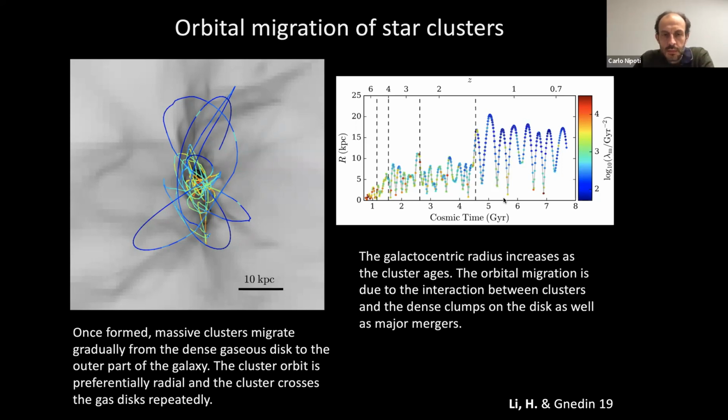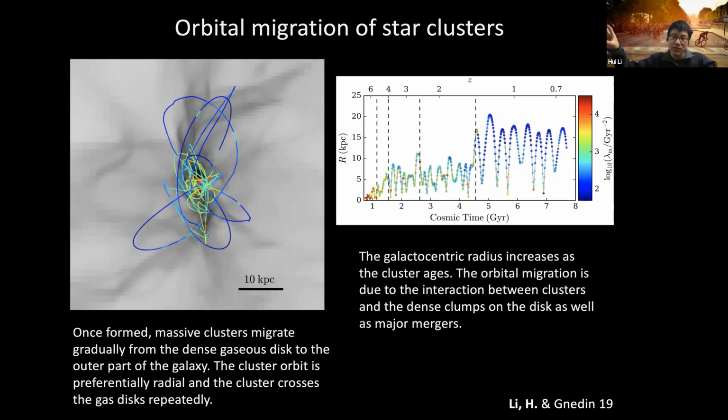Yes, exactly. This is an excellent point. If you notice the orbits in this plot, you can see there are some kind of jumps in their galactic radius here, here, and here, and here. So these are actually 4 major merger events of the galaxy. So it is actually these star clusters that are formed from the halos, from the central halo.